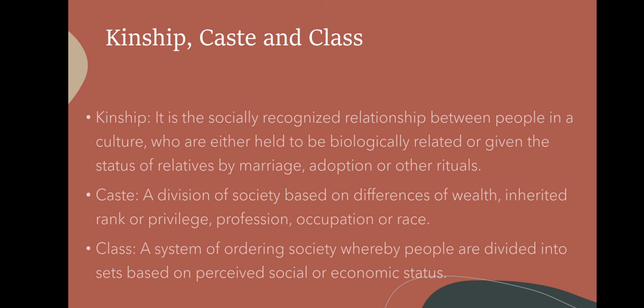It's very important to understand these three important keywords: kinship, caste and class. So very simply, kinship is the socially recognized relationship between people in a culture who are either held to be biologically related or given the status of relatives by marriage, adoption or other rituals.